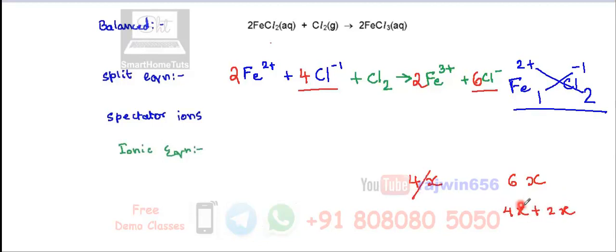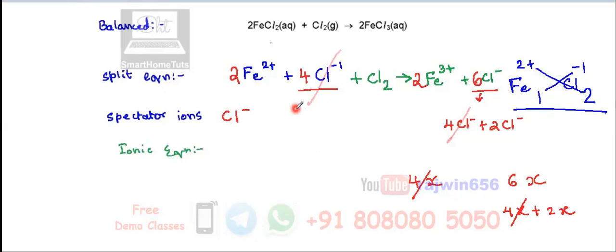So 6 Cl minus I can write as 4 Cl minus plus 2 Cl minus. The 4 Cl minus and 4 Cl minus I can strike off from both sides. So the spectator ions over here are chloride ions, Cl minus.